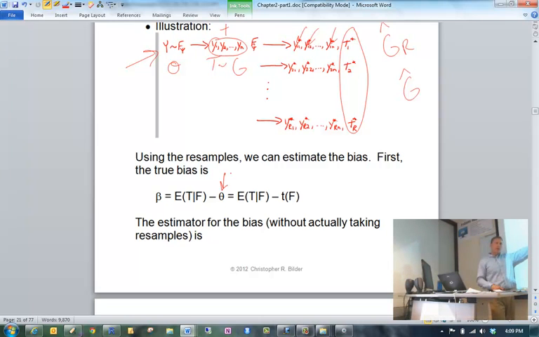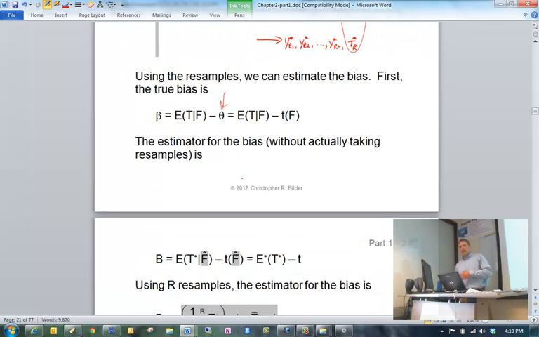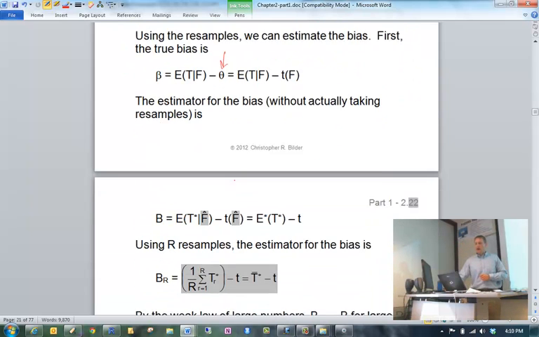And this is what you'll learn in your 883 class. Bias is the expected value of your statistic of interest, given sampling done from F, minus the parameter of interest. T is estimating theta. We can write this beta also as a statistical function, which is helpful when we look at a way to estimate the bias.